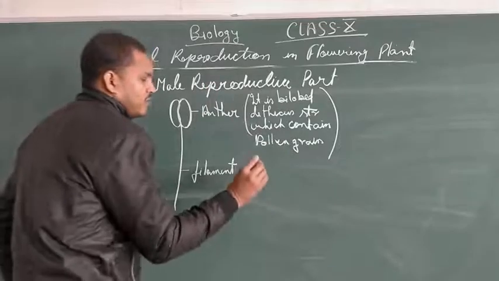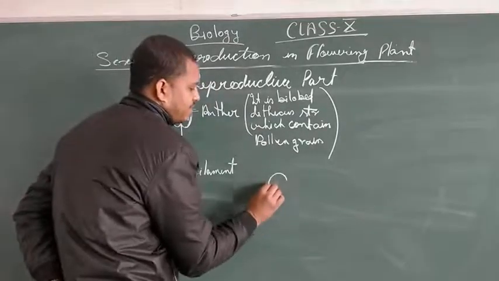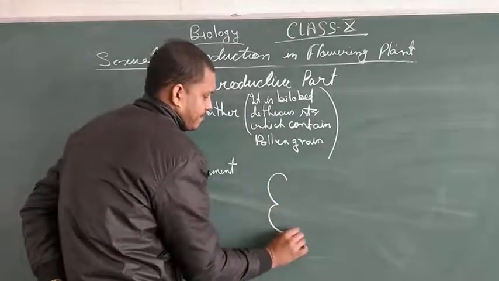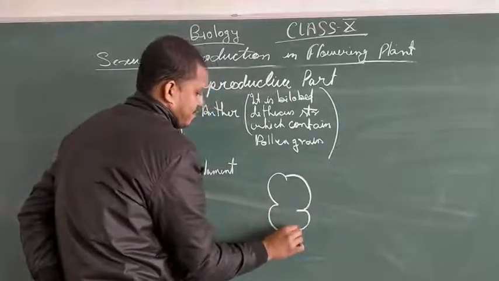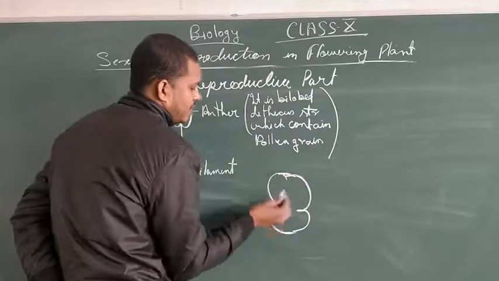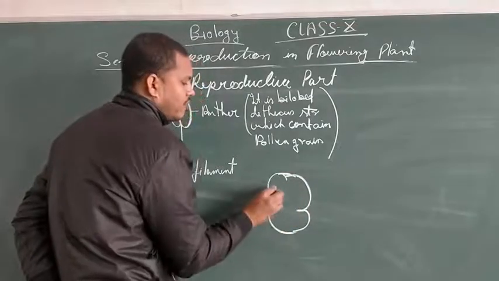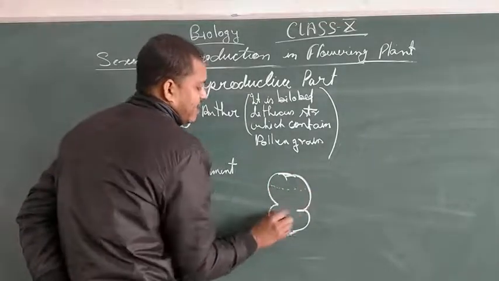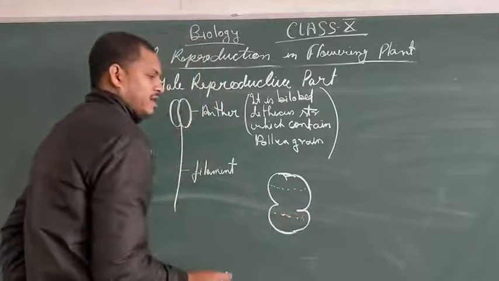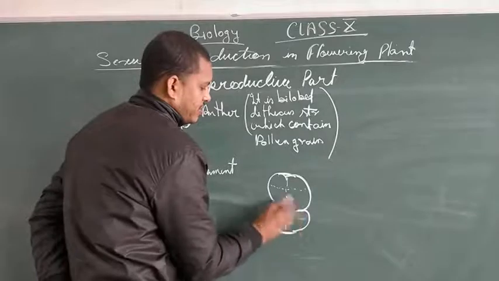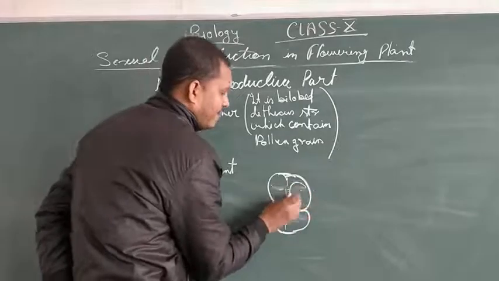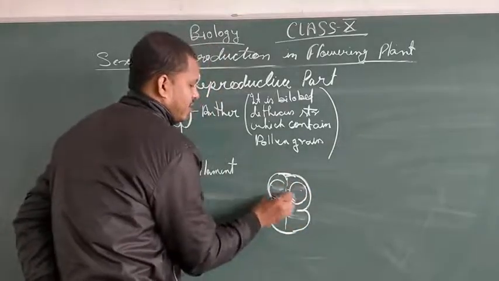I will show you the structure. It is something like this, or you can say like this. So 1, 2, bilobed, and it can be dithecous, or it can be drawn like this. In this there is a chamber-like structure.